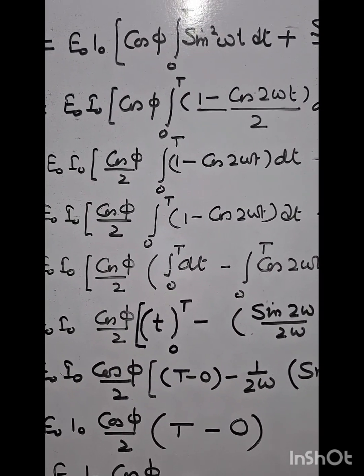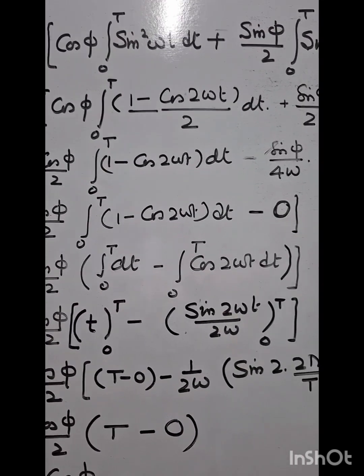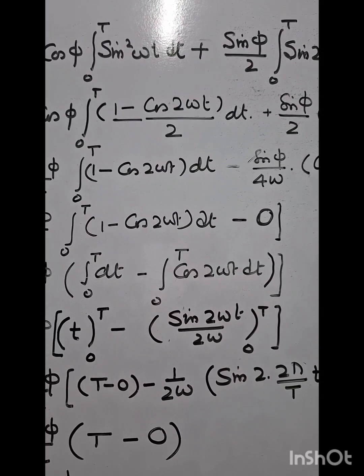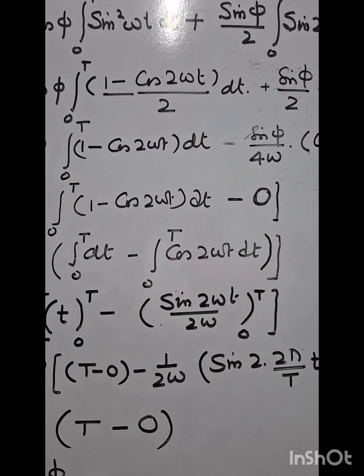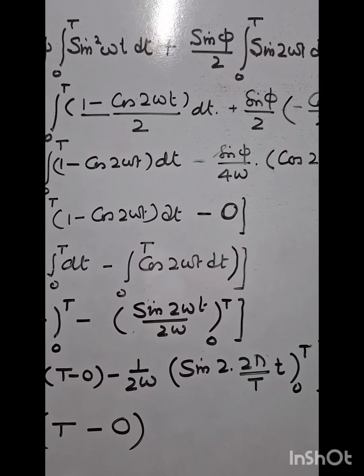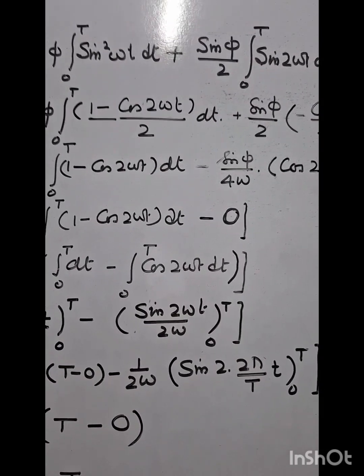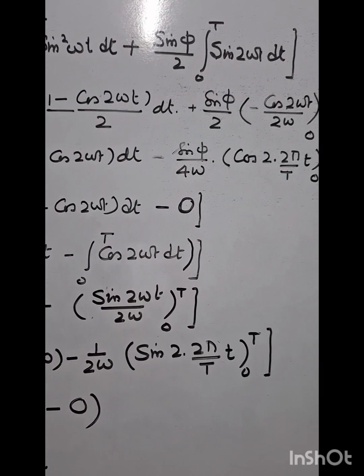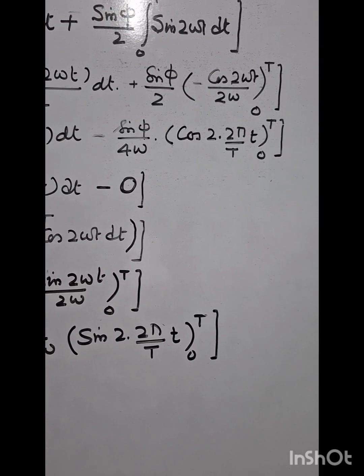Students, E naught I naught cos phi integral from 0 to T of sin square omega t can be written as (1 minus cos 2 omega t) upon 2 into dt plus sin phi by 2.